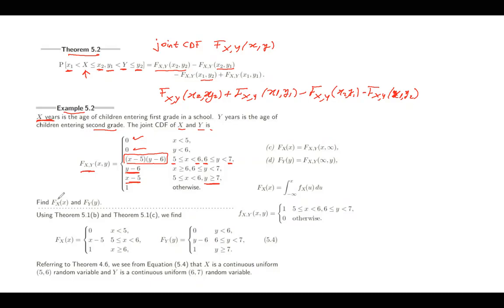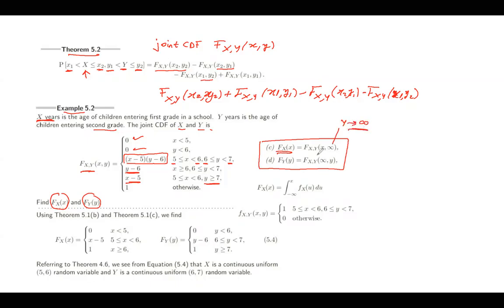Now find the CDF of X and CDF of Y. To find the CDF of X and Y, we use this theorem. You see, we simply determine F_X(x) by taking Y goes to infinity.